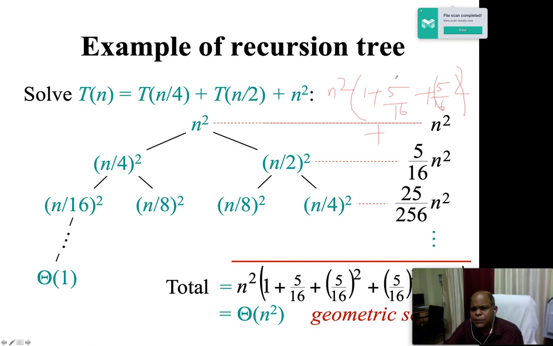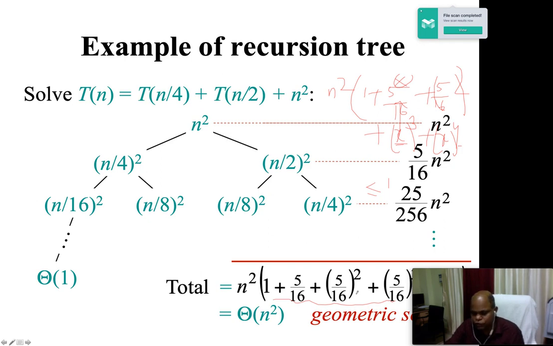That means if we consider this as x, it is x whole cube, plus x whole 4, like this it will go on. Here x is less than or equal to 1, because 5 by 16 is less than 1. Hence this is a geometric series.